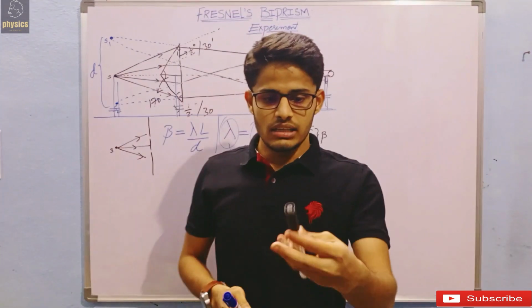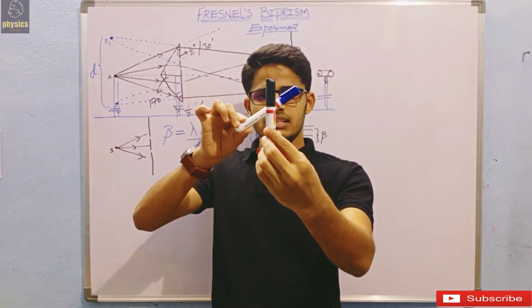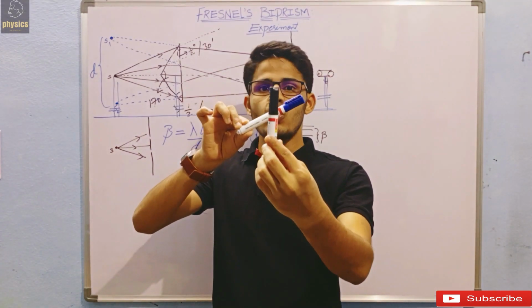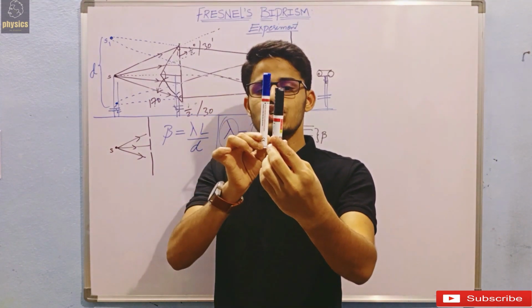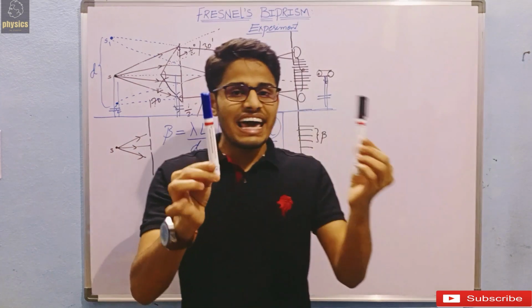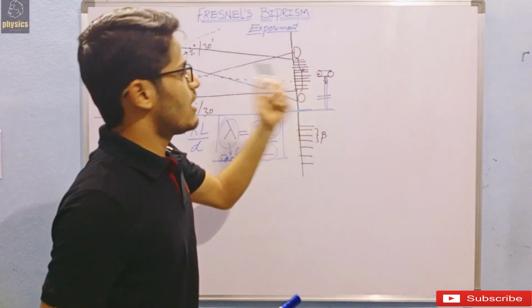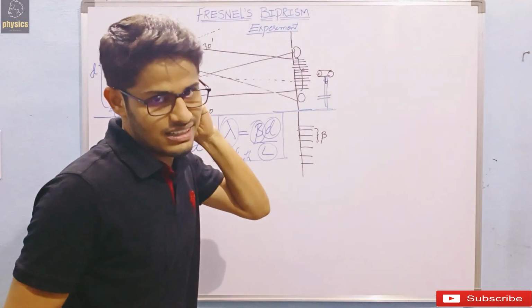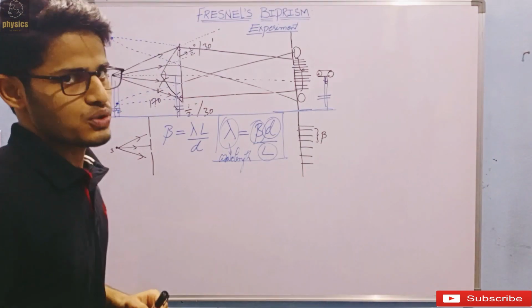If the source is something like this and the biprism base is something like this, you won't get the interference pattern. There should be some symmetry, some alignment between the source and the biprism, and then only can you see the interference pattern. That's the condition to have it.